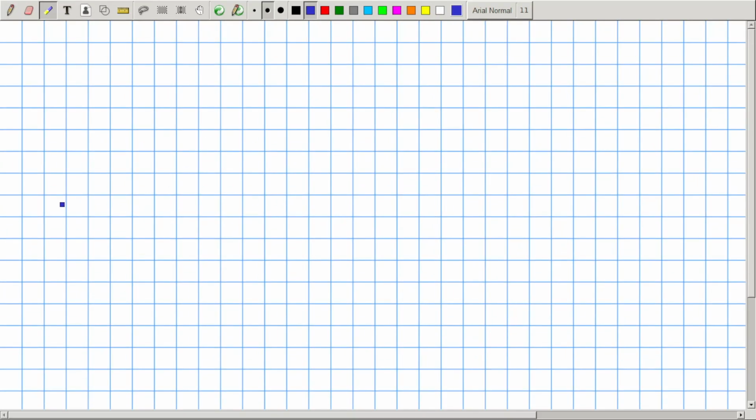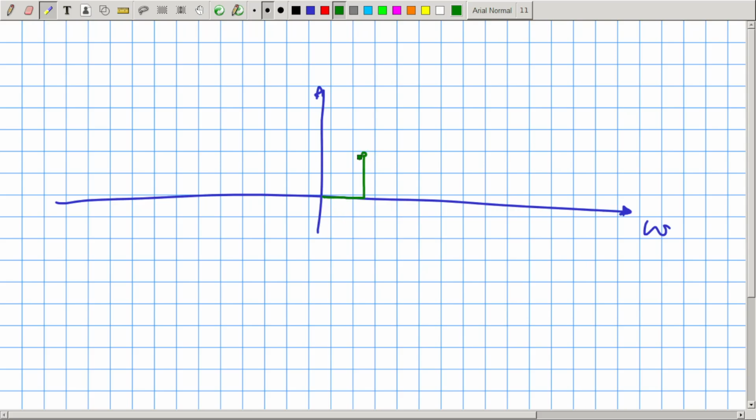I do this sweeping thingy. This is omega, and I see something looking like this. This is 1, and this is 2.5, and I got a similar thingy. And this is 3, and this is 14.